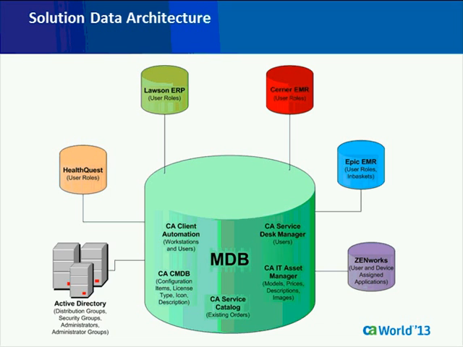And so the solution data architecture looks like this. In the center, we've got the MDB, and we've got client automation, or ITCM, on the left there, which gives us our workstations and our users. We've got Service Desk over on the right, where we get our users from the CA contact table. Over down below that, we've got Asset Management, or IT Asset Manager, where we can get model information, prices for things that we've purchased, descriptions and images in the form of attachments in the asset management space.